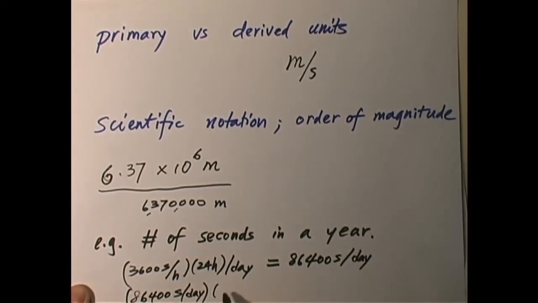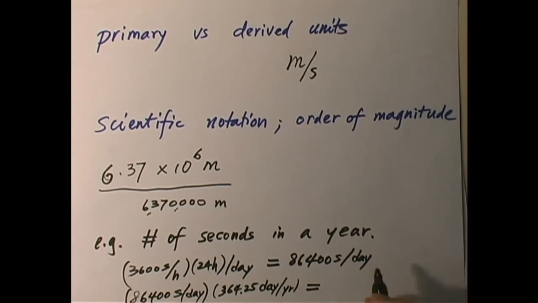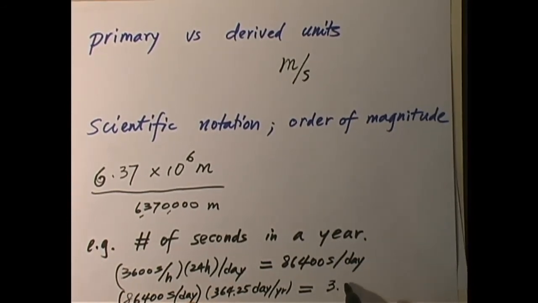That will give you the number of seconds in a year, and if you work this out to the first 3 sig figures, that will give you 3.15 times 10 to the 7 seconds per year. That is an interesting number.